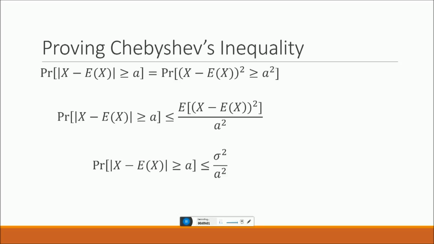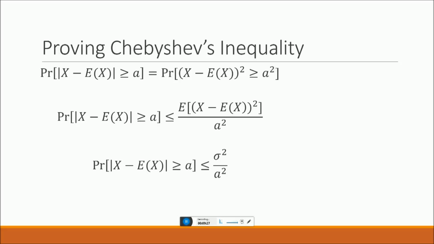And if we make this into a Markov inequality, we get our middle equation. We can see that in this case, X is still the absolute value of X minus E[X], and on the upper right-hand side, we just take that expectation. And in this case, we're using the squared version, so a is squared and same for X minus E[X]. So this is a valid Markov inequality.